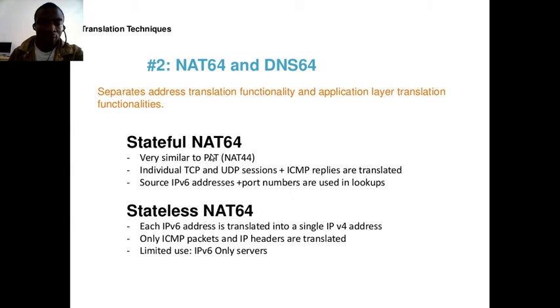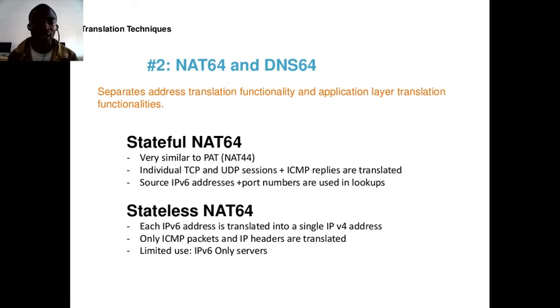The second type, which is actually the recommended type of translation here, is NAT64 with the component of DNS64. NAT64 has a peculiarity in that it separates the address translation functionality from the application layer translation functionality, or the protocol translation functionality. You remember, with NAT-PT we said ALG is integrated into the technology, and it translates addresses and at the same time protocols.